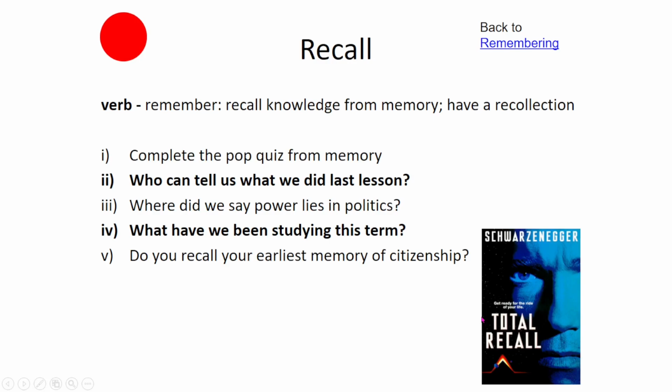So you have to recall. For answering this question, where did we say power lies in politics? So you have to recall the ideas here. Next, repeat: say or do it again. Watch what I do, copy it. Listen to what I say, then repeat it. What did we just hear?